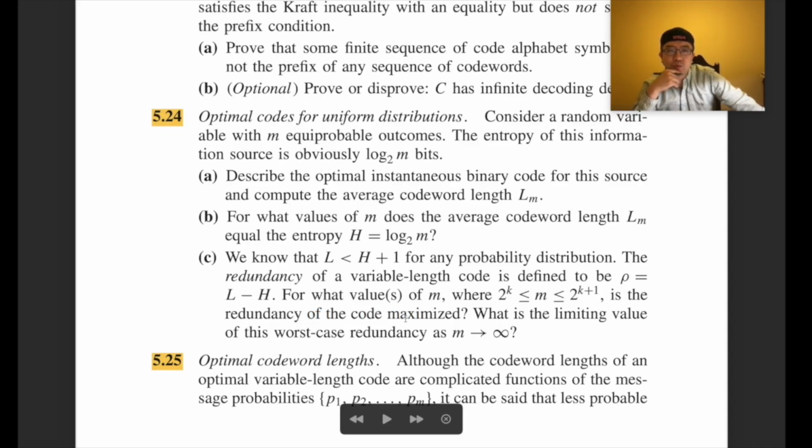So basically we want to maximize this, and then we need to find the limiting value when m goes to infinity. All right, let's see how we can do this.